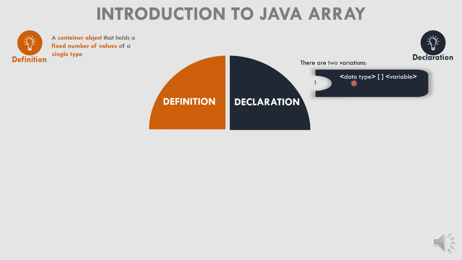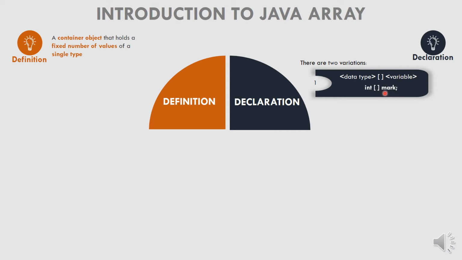Let me show you an example. int[] mark; and of course a semicolon to indicate the end of the statement. So int is the data type followed by brackets, and mark is the array name.